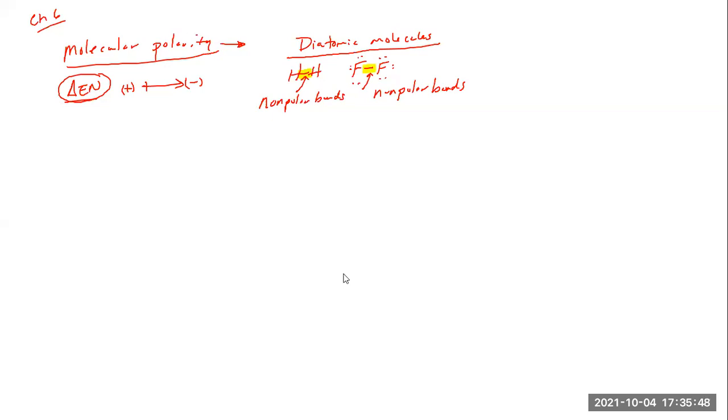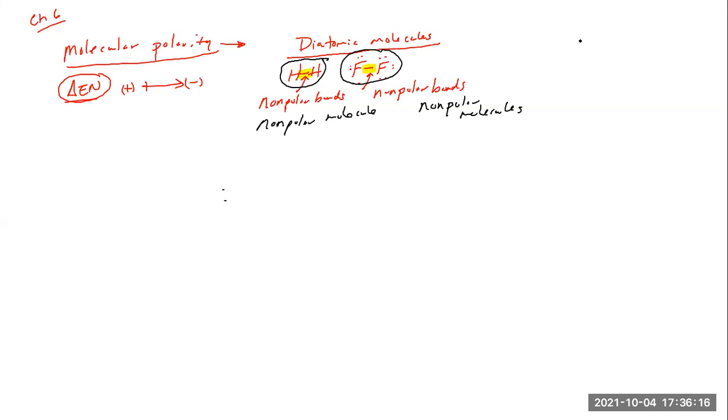It only has one bond, which means if this bond is nonpolar, and that's the only bond in the entire molecule, then in each of these cases this would be a nonpolar molecule, which means we would expect as a whole that the electrons are distributed pretty much equally over the entire structure.